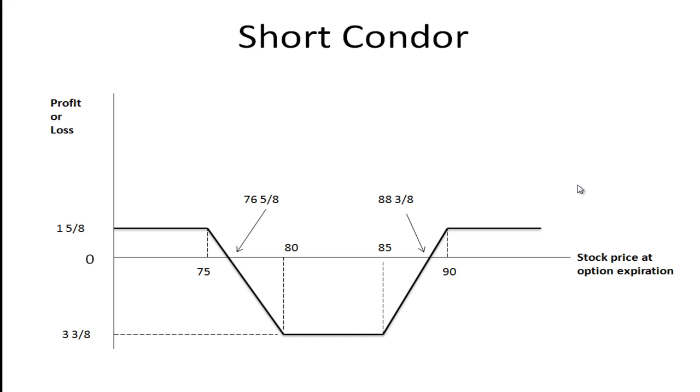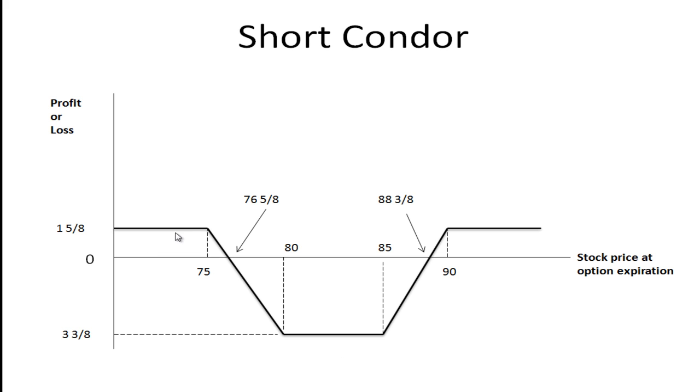So again, this is the case where you're looking for the price to go either above 90 or below 75, in which case you will make money. You'll make 1 5/8. If the stock price remains between 80 and 85, then you're going to lose 3 3/8.